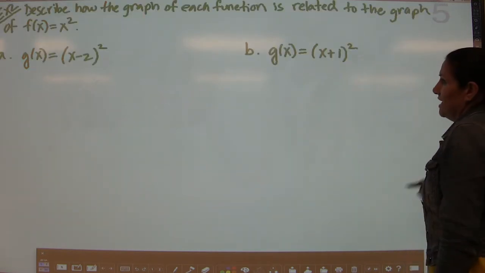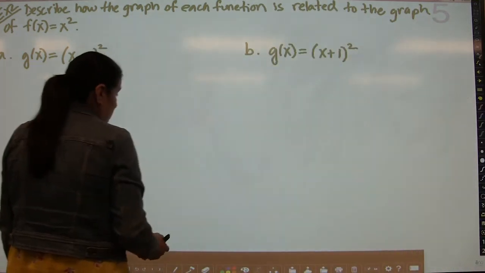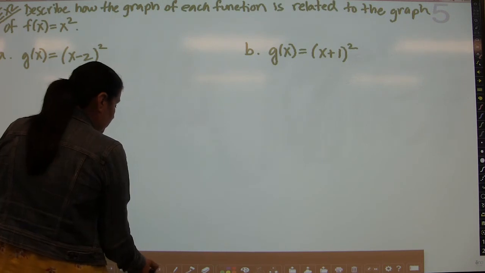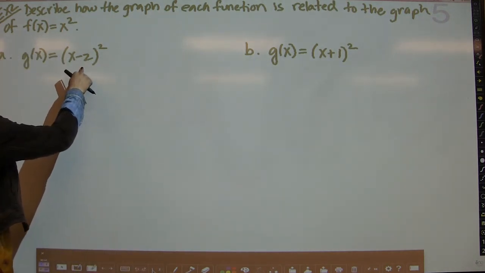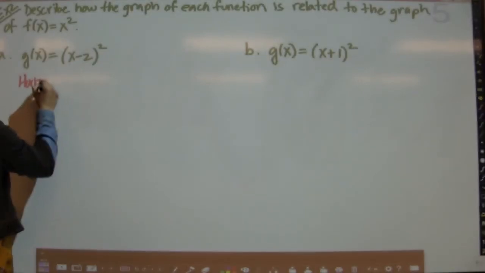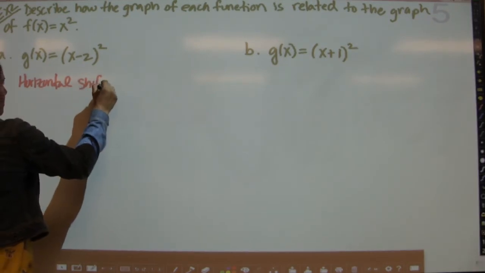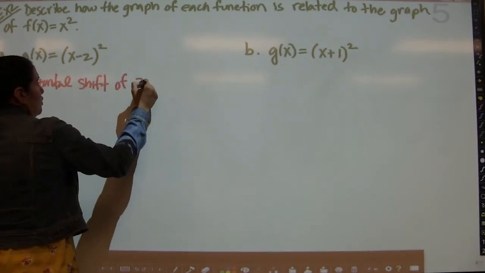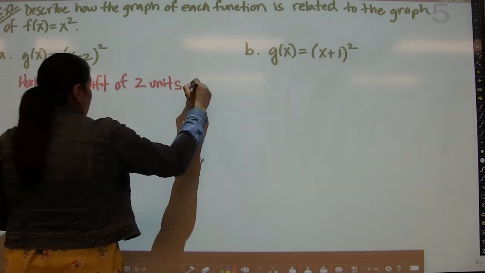So we want to go to an example, and again it's asking us to describe how the graph of each function is related to the graph of x squared. And because there's a minus 2 in here, based on what we just said earlier, you're going to have a horizontal shift of 2 units to the right.